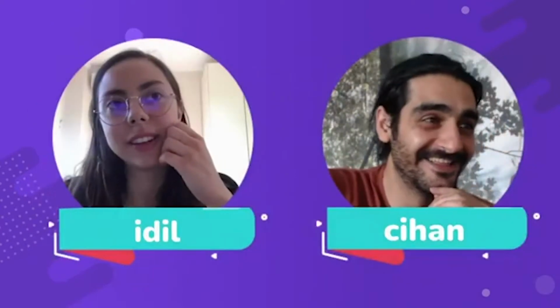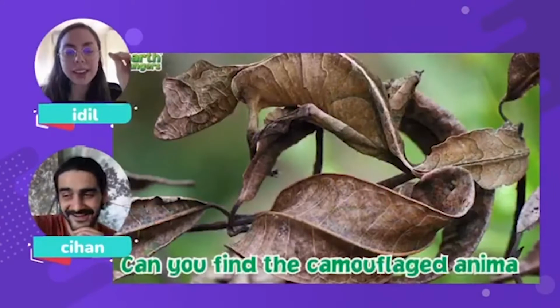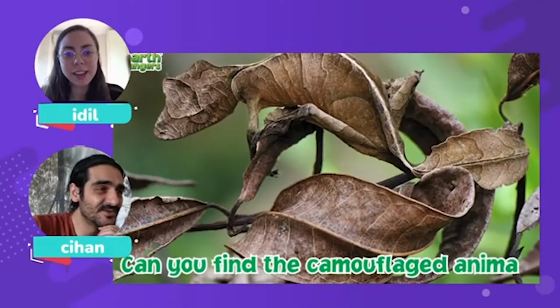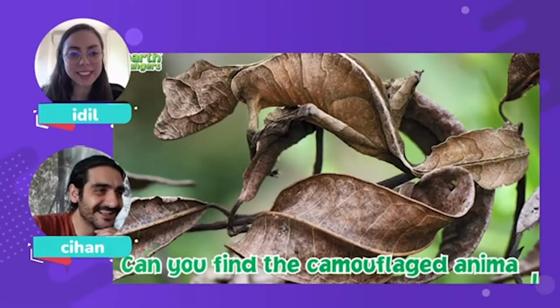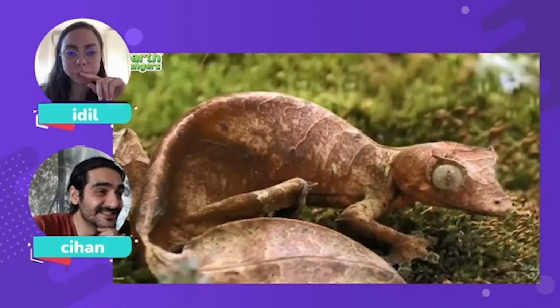Okay. Then that was a great answer because it is lizard, but it's a different type of lizard. It's a small lizard called a gecko, and its long name is Uroplatus gecko. Uro means tail and platus means flat in Greek, so it is flat-tailed.